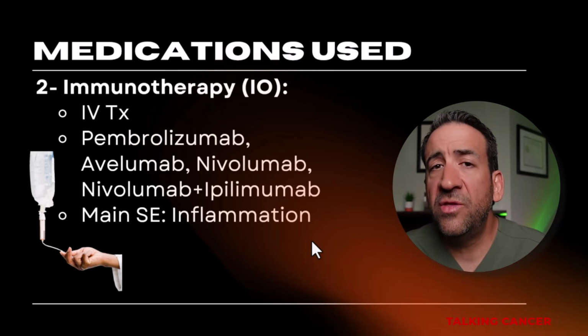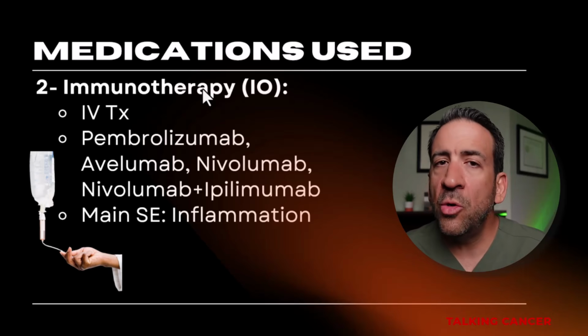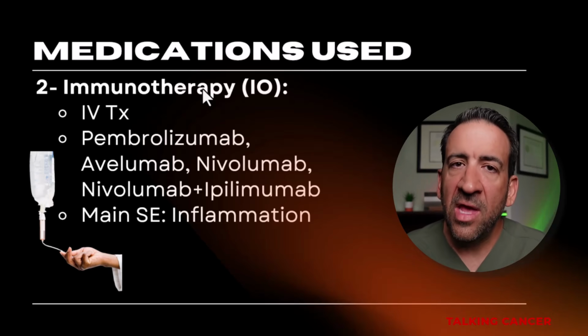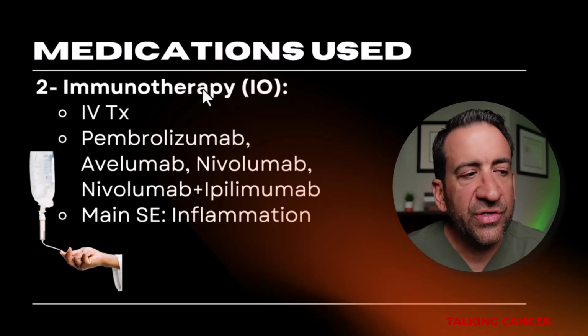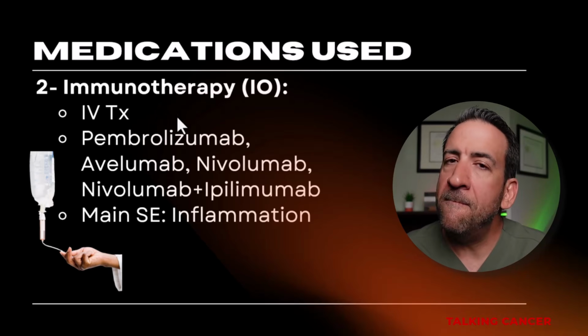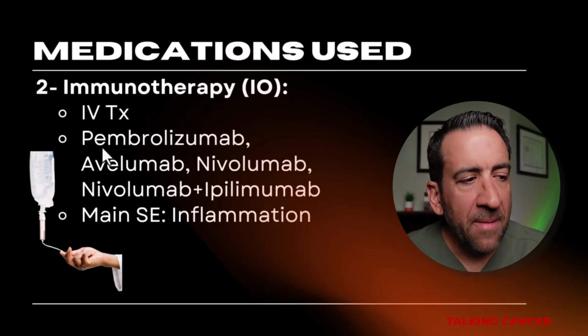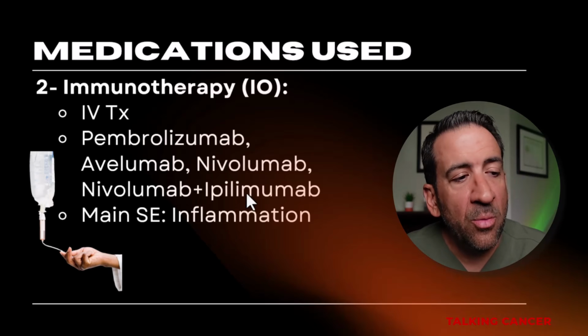All right, now moving on to other medications, okay? We have a family of medications called immunotherapy, and as the name implies, these are medications that boost your immune system to try to fight off the cancer cells. And just know that most of these are given intravenously, and there are many options as well. For example, pembrolizumab, avelumab, nivolumab. We have a combination of nivolumab with ipilimumab.